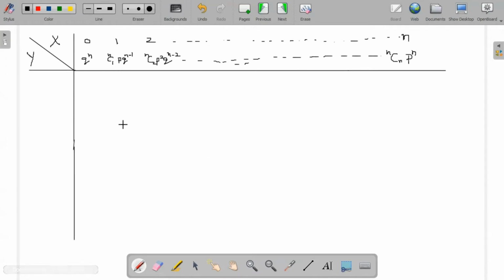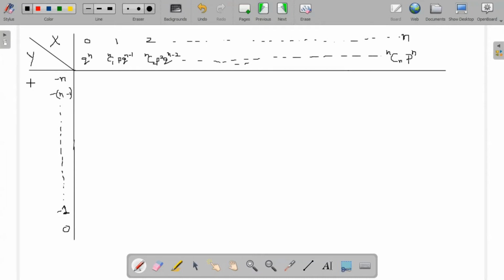Then we would get X plus Y, but we need X minus Y. So for X minus Y, we take negative of Y, which means we write all the values of Y in the negative direction, from minus n, minus n plus 1, and so on up to minus 1, and then 0.